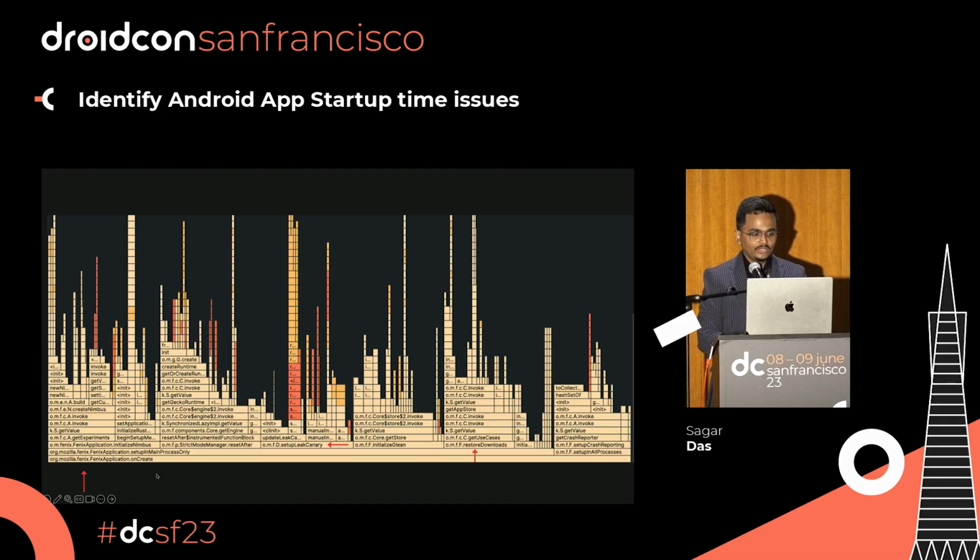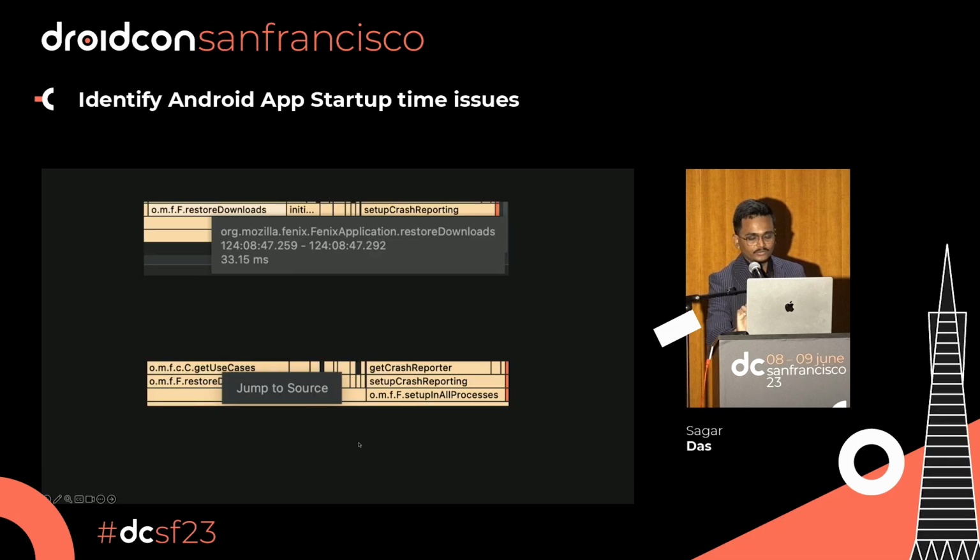So you see the onCreate method over here, and then you see all of those individual operations being initialized over here. As an engineer, you would be interested to observe the width of these bars. When you hover the cursor over one of these bars, you're going to see the amount of time taken for each of these operations.